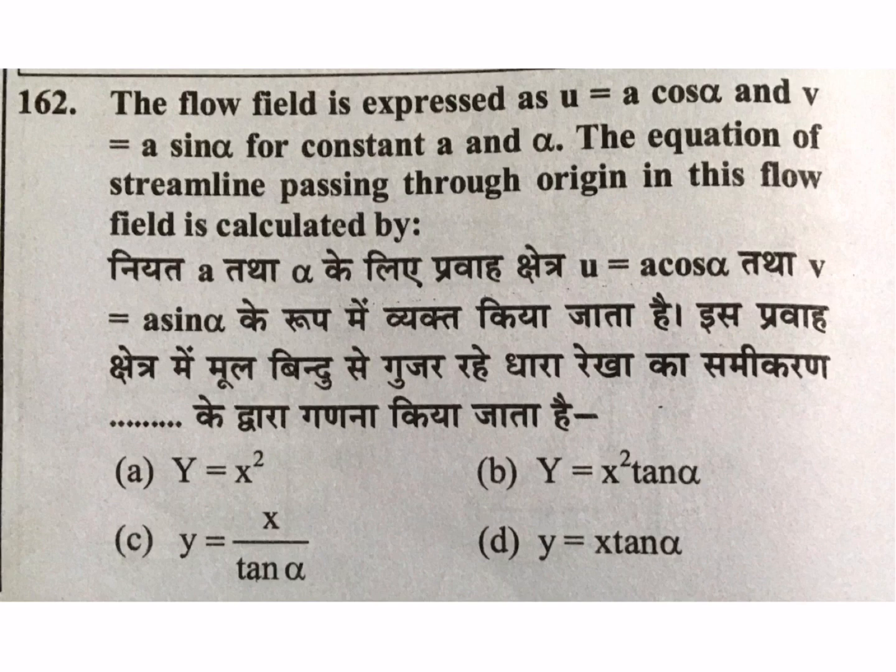Next question, the flow field is expressed as U equal to A cos alpha and V equal to A sin alpha for constant A and alpha. The equation of streamline passing through origin in this flow field is calculated by. So you have to calculate the equation of streamline. Data given: U equal to A cos alpha, V equal to A sin alpha.